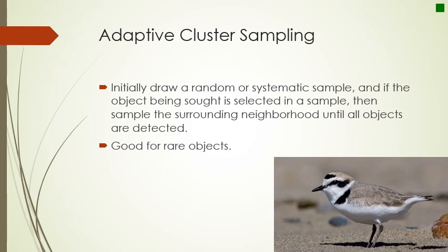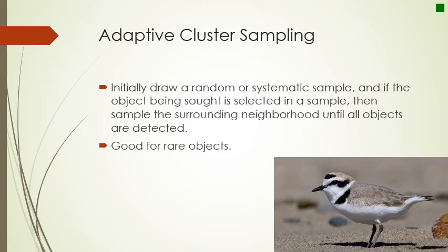And there's what's called adaptive cluster sampling, where you initially draw a random or systematic sample, and if the object being sought is selected in a sample, then you sample the surrounding neighborhood until all objects are detected, or maybe you have some rule that you use of all adjacent plots or sites. This is especially good for rare objects, right?